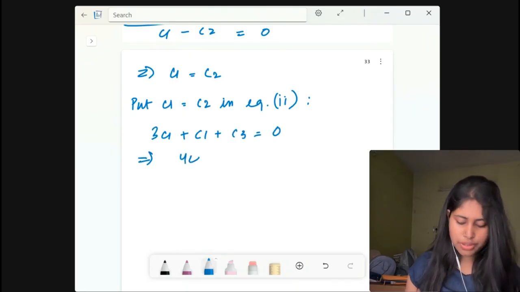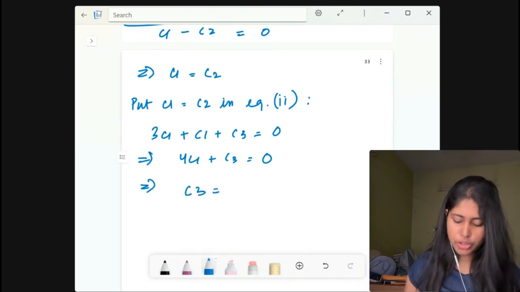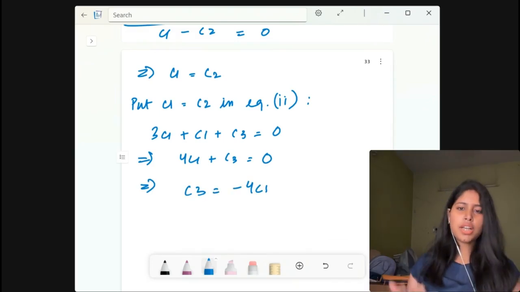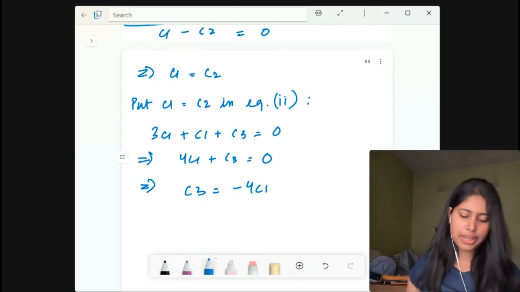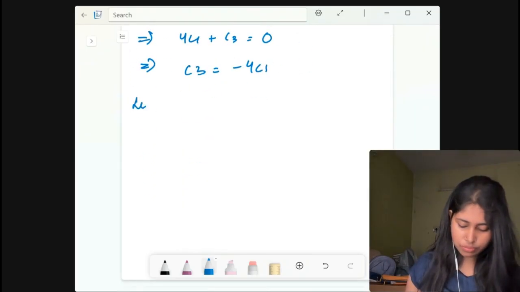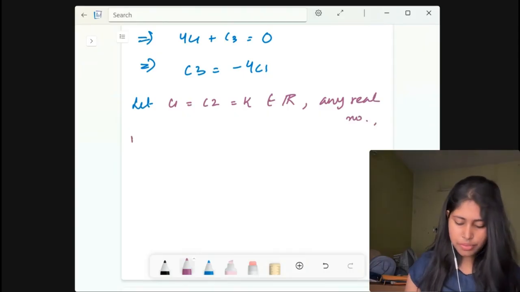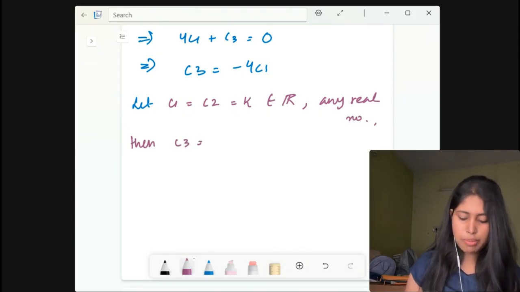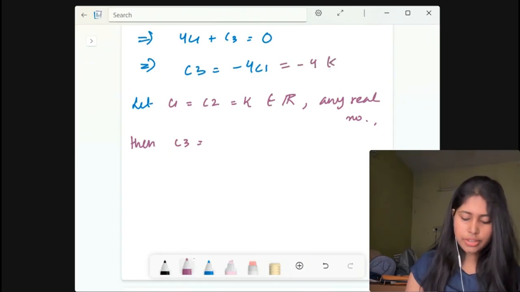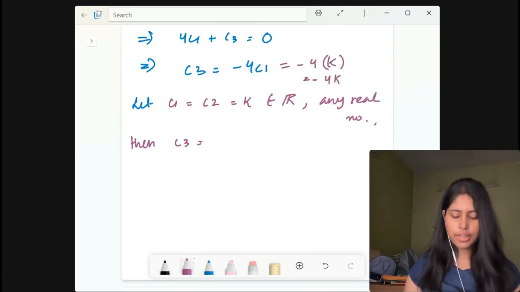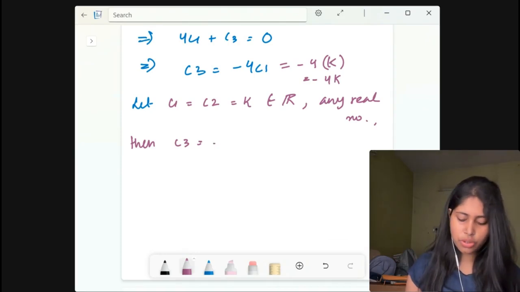Therefore 4c1 plus c3 is equal to 0, so c3 is equal to minus 4c1, right? Now let c1 equal to c2 equal to k, which belongs to R, any real number. Then c3 will be minus 4 into k, so c3 is equal to minus 4k.